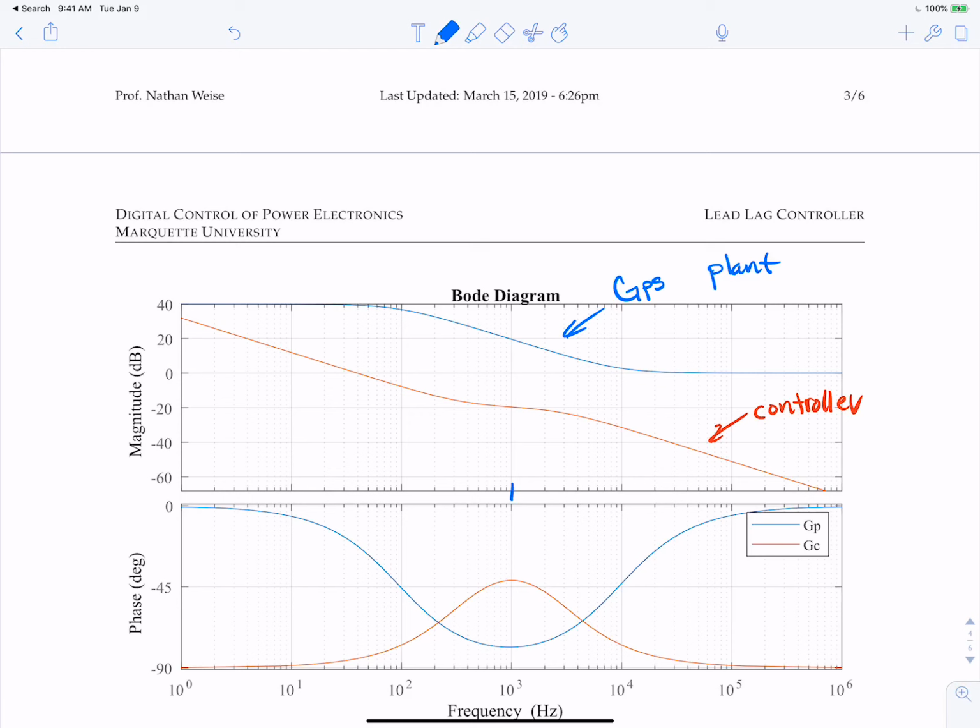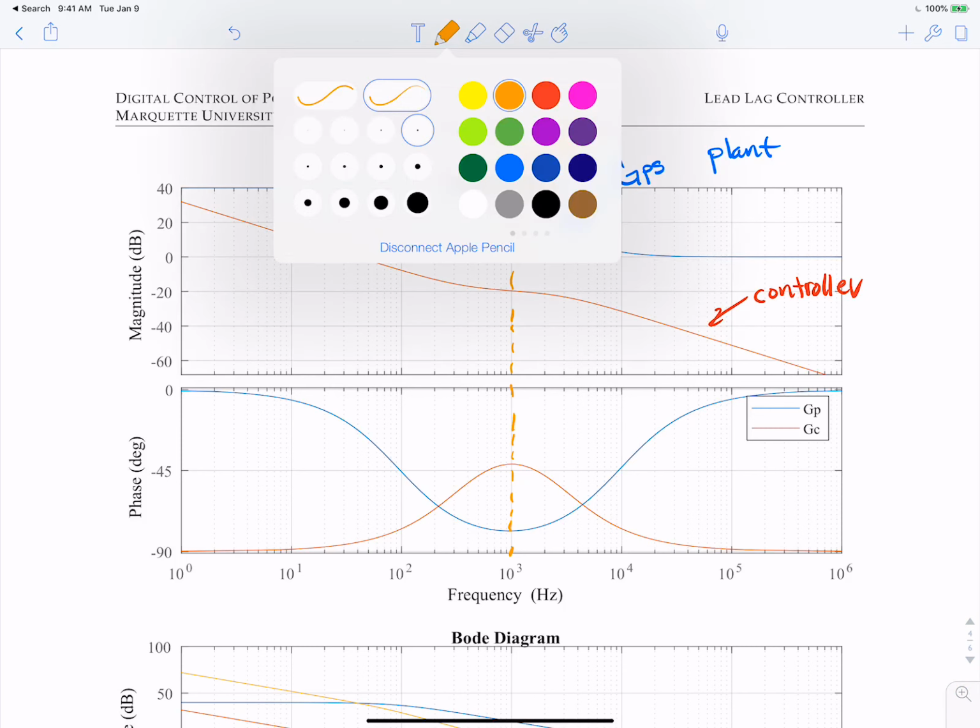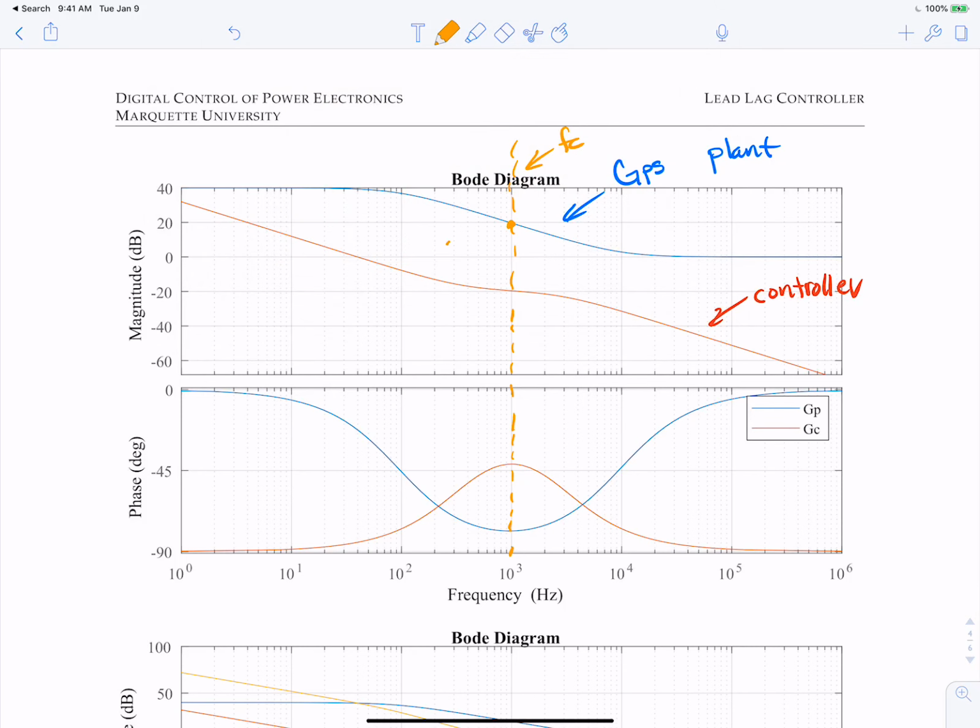At fc, which is 1 kilohertz, if we add, what do we get? We have 20 dB from the power stage, and from the controller, we have minus 20 dB. So the net result would be 0 dB, which in gain is 1, which means we crossed over at the crossover frequency. In other words, we're verifying a controller design.